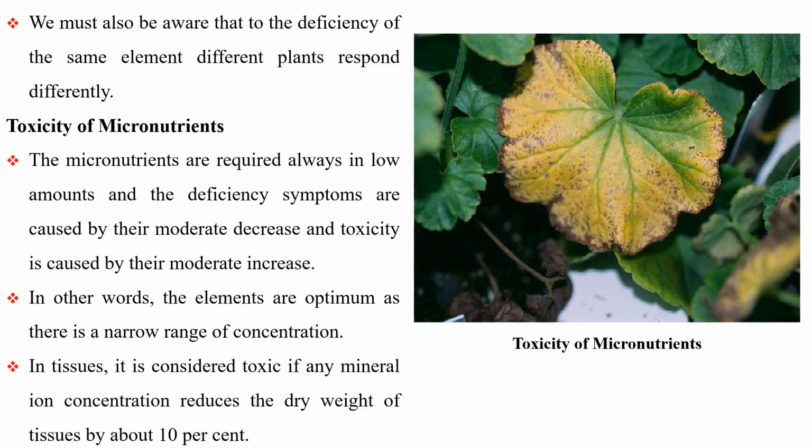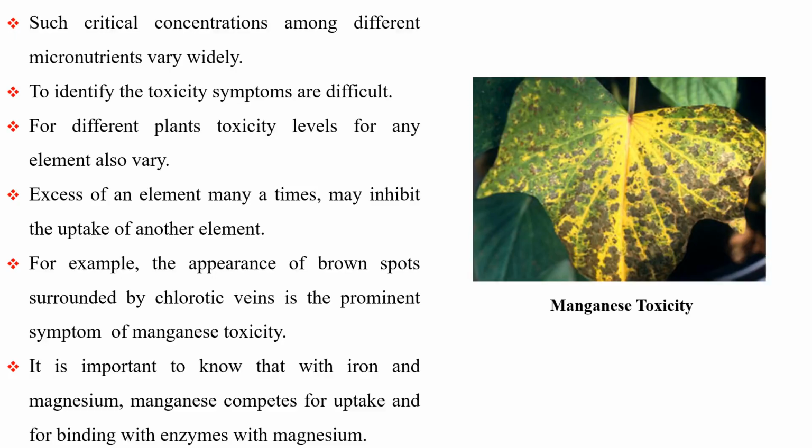In tissues, it is considered toxic if any mineral ion concentration reduces the dry weight of tissues by about 10%. Such critical concentrations among different micronutrients vary widely. To identify the toxicity symptoms is difficult. For different plants, toxicity levels for any element also vary.